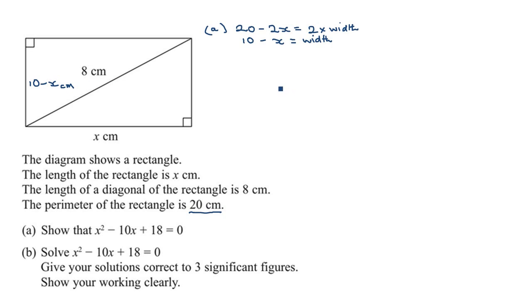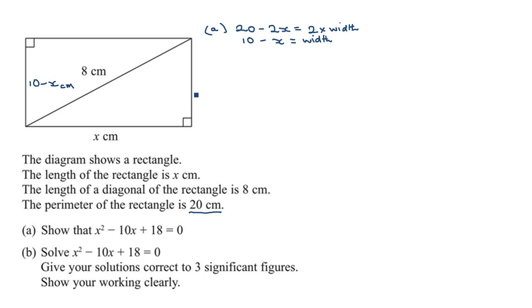The other thing we could do is, instead of going for the perimeter straight away, we could say, okay, this is a right-angled triangle, therefore I can use Pythagoras. So by Pythagoras, this side squared, taken from the hypotenuse squared, will give me this side squared.